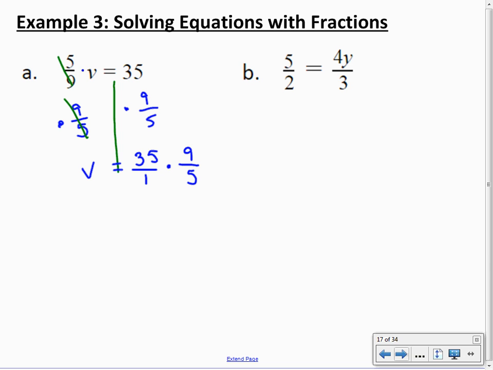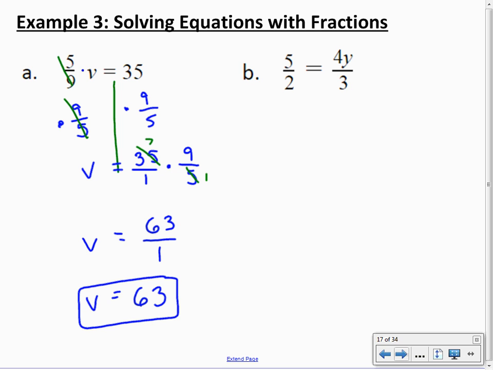So the fraction 35 over 5 can be reduced to 7 over 1. And when I multiply these fractions, we're multiplying the numerators together. So 9 times 7, those are the two numbers in our numerator, which gives us 63. We multiply the two numbers in the denominator, 1 times 1. We get 63 over 1, which is the same as just 63. Okay, so trickier. It got a lot trickier there.